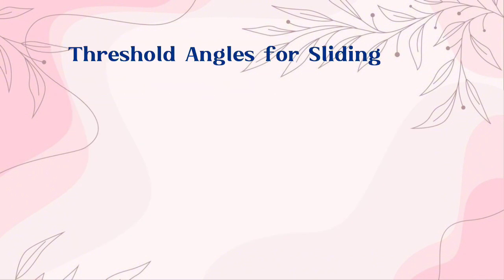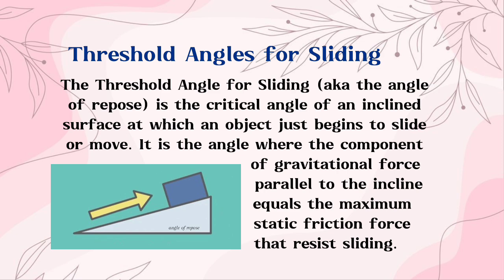Let us now proceed to threshold angles for sliding. The threshold angle for sliding is also known as the angle of repose. It is the critical angle of an inclined surface at which an object just begins to slide or move. It is the angle where the component of gravitational force parallel to the incline equals the maximum static friction force that resists sliding.